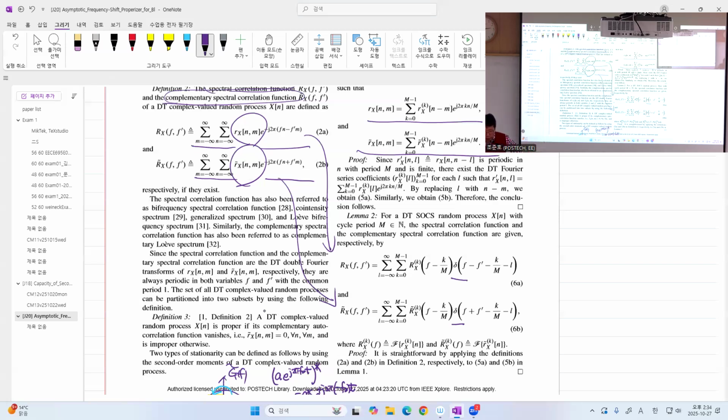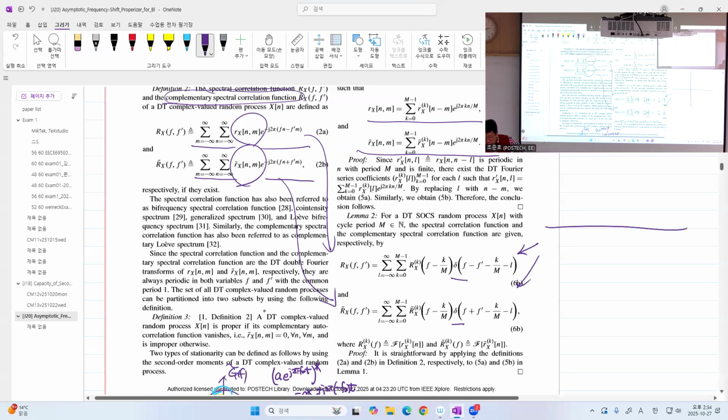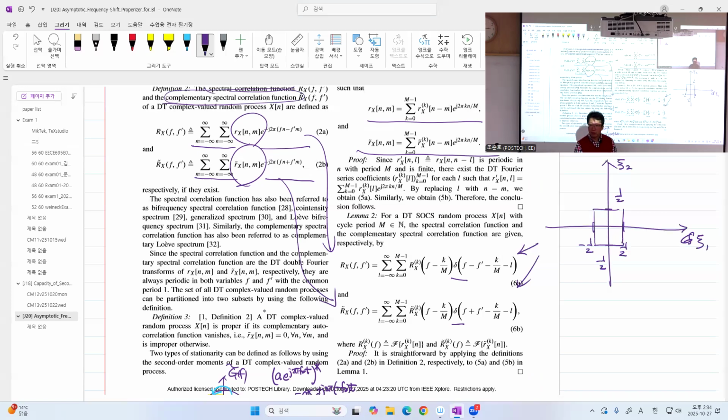So in these two functions, what you need to focus on, in terms of hertz, is probably only this square area, because of the periodicity of the Fourier transform.